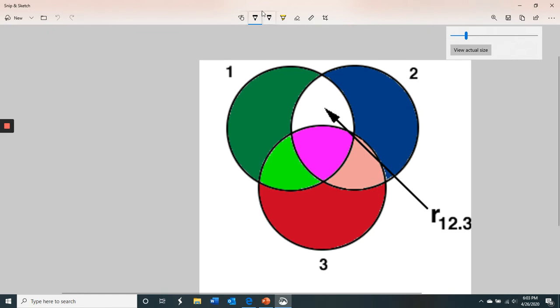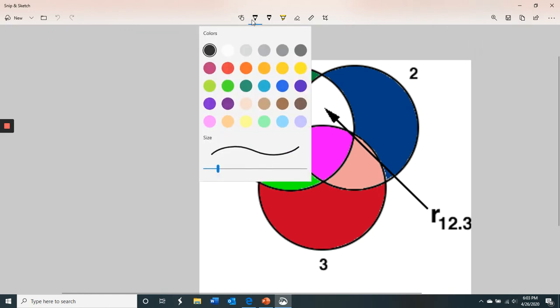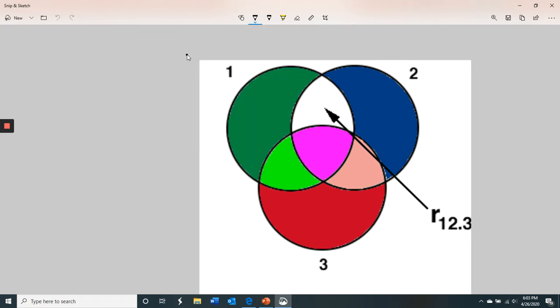Let's say that 1 is the number of churches, and 2 is the number of violent crimes. The correlation is literally this overlap. It's hard to see here, so I'm going to make it bigger. It's this line over here.